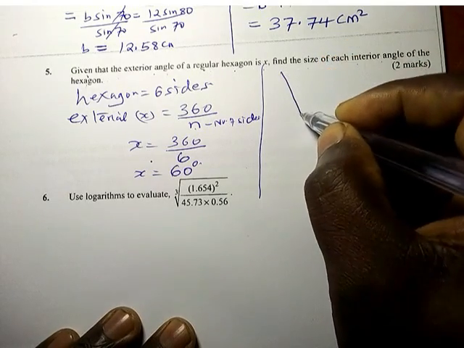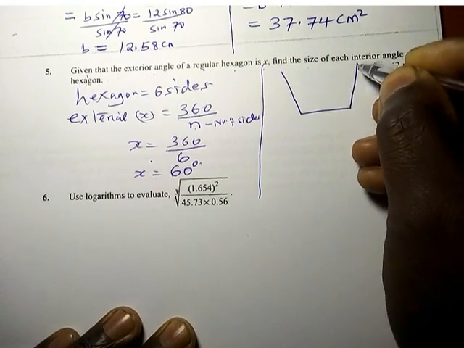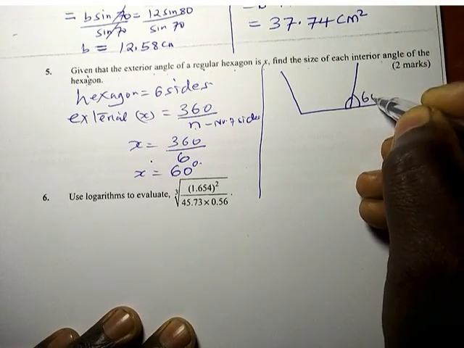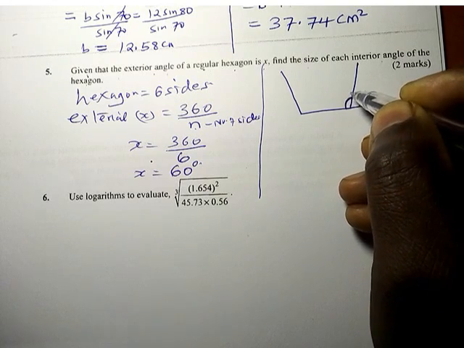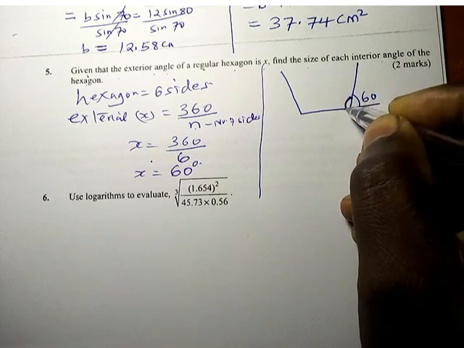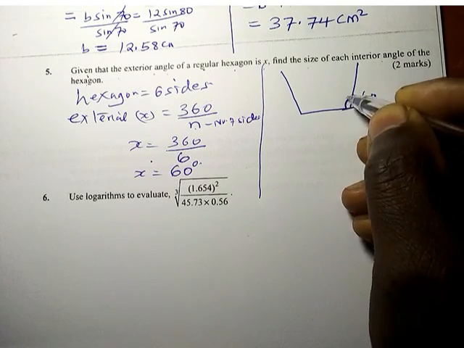In a polygon is something that looks like this. So this is the exterior angle now, which is 60. This one is the interior angle. Interior and exterior angles form a straight line, and a straight line adds up to 180.